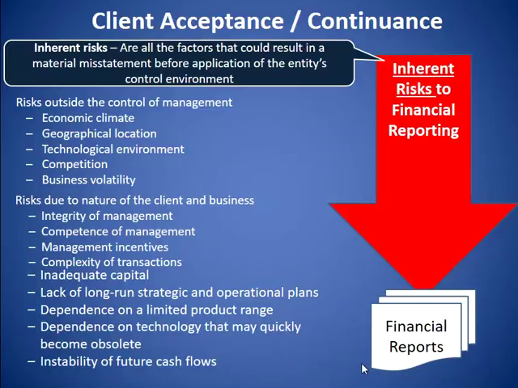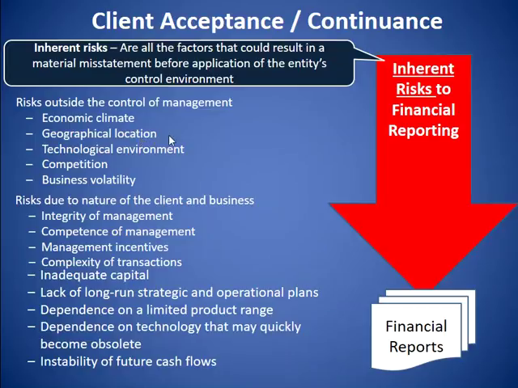Now, what are inherent risks? Well, there are two types. One is risks outside the control of management, in other words, certain things that even management cannot control. As an example, we have to understand the risks to the company from the economic climate. Does a company react very negatively to a recession? Then geographical location.